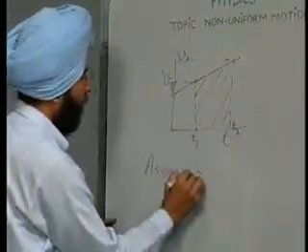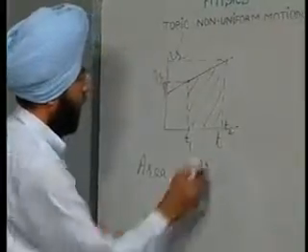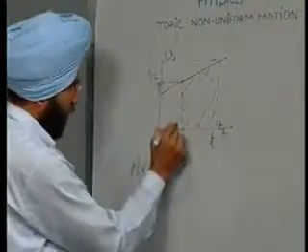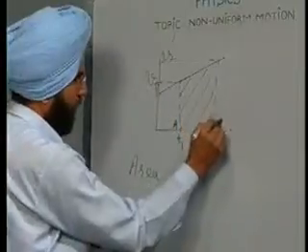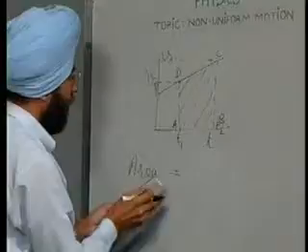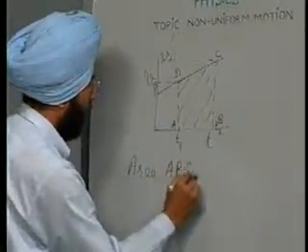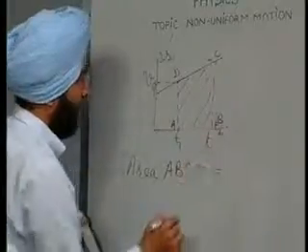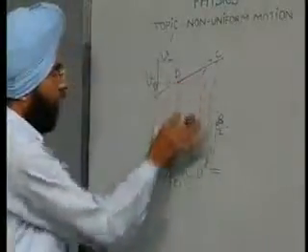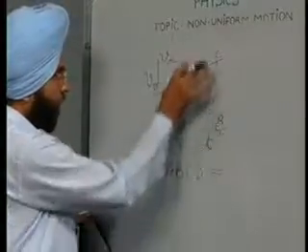is equal to the area ABCD. This area, because these two sides are parallel.